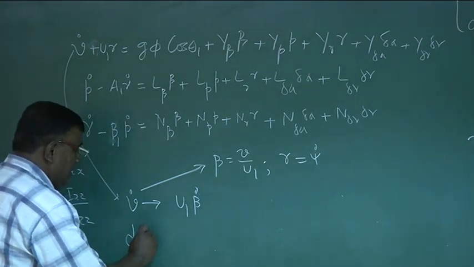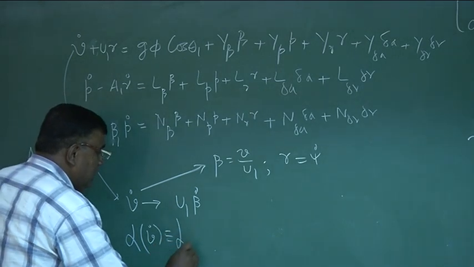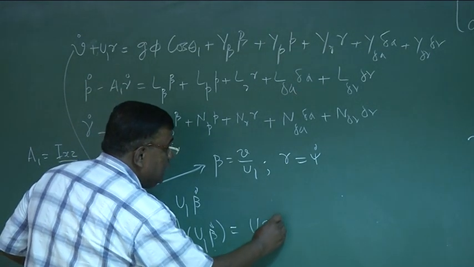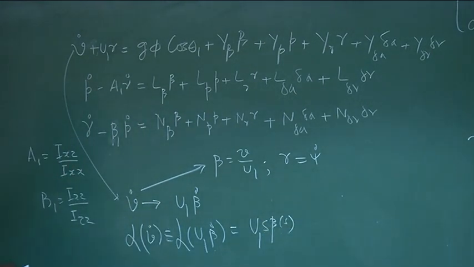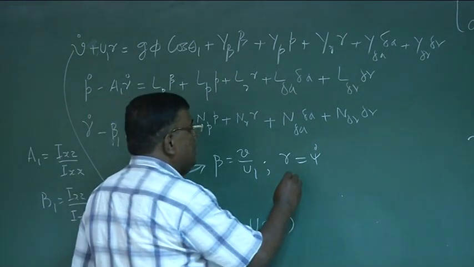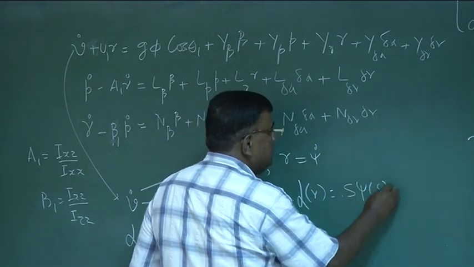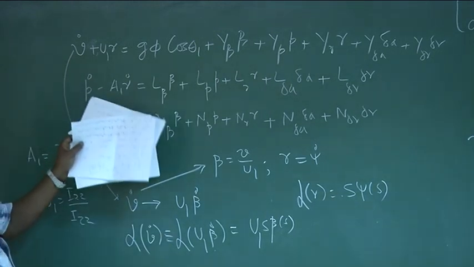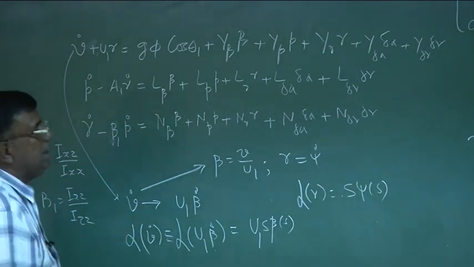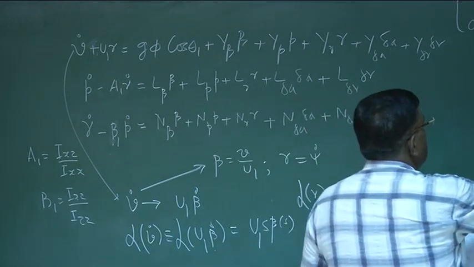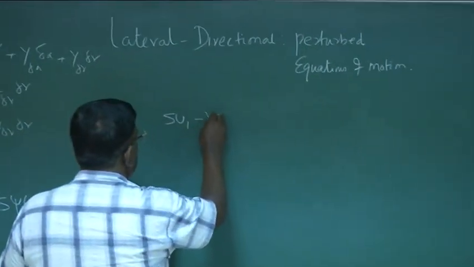The Laplace transform of V dot, which is equal to the Laplace transform of U1 beta dot, is U1 S beta of S. As simple as that. Similarly, the Laplace transform of R is nothing but S psi of S. These two things we have to do here, and finally, when you take the Laplace transform and write it in matrix form to see the characteristic equation, you will get the matrix as follows, which I write just for completion: S U1 minus Y beta.